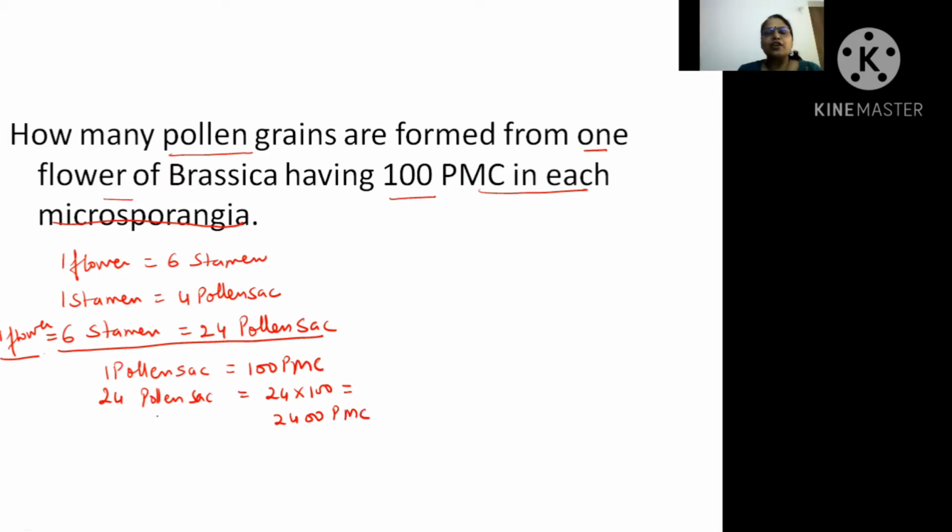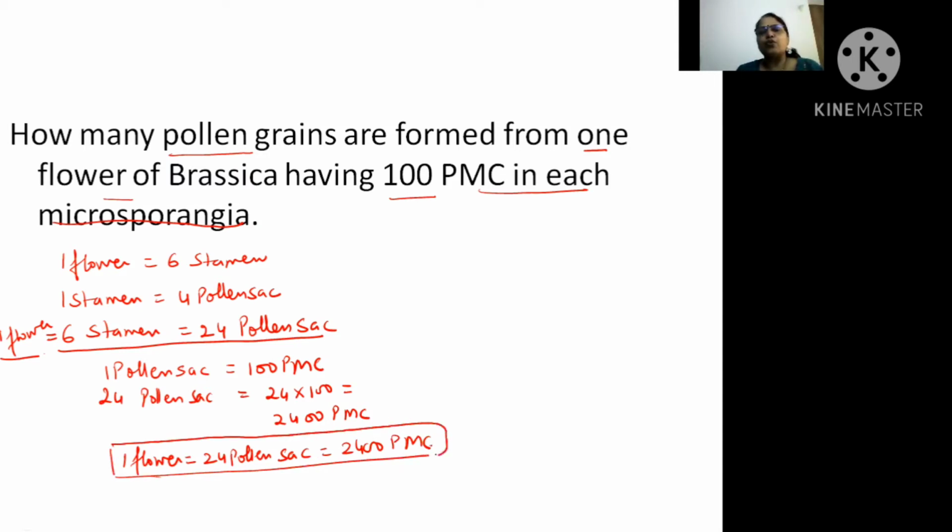This much is clear. So 24 pollen sacs will have this much, and one flower which has 24 pollen sacs will have 2400 pollen mother cells. This much you have understood now. Clear? So one flower has a total of 2400 pollen mother cells.